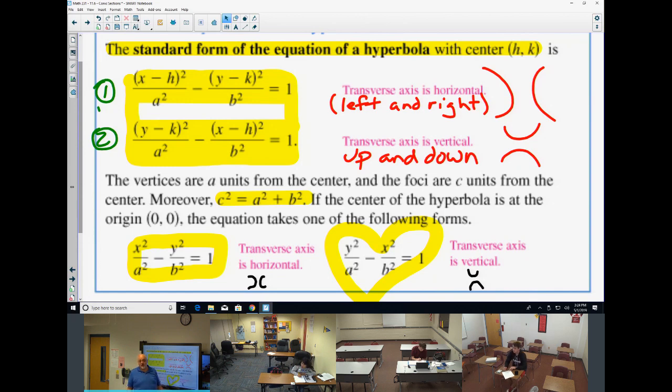It'll open horizontally. If the y part comes first, then the hyperbola opens up and down. And then once again, if the center of the hyperbola is at 0, 0, then the h and the k go away, and you're just left with these two simplified equations.